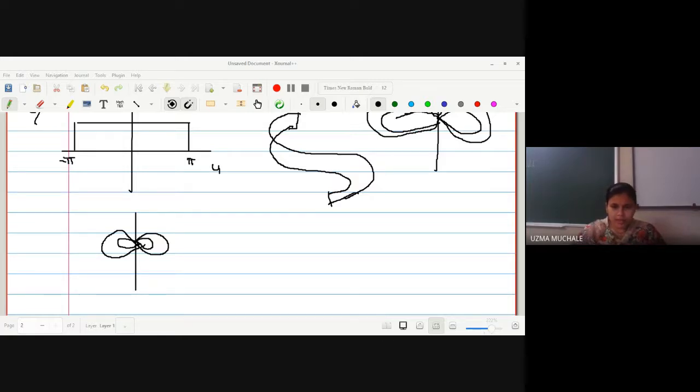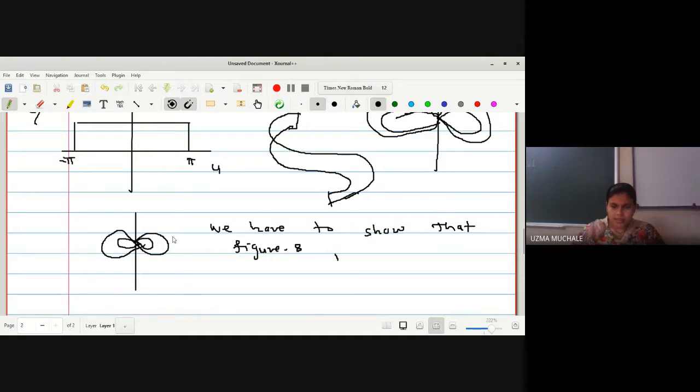Now we want to show that the formation in the form of a figure 8, that is, in the form of the number 8, is not a surface.